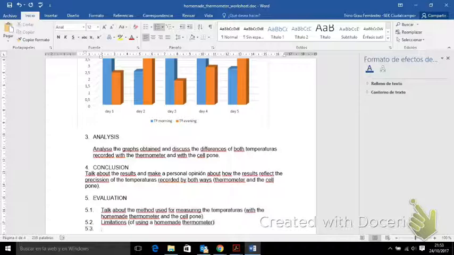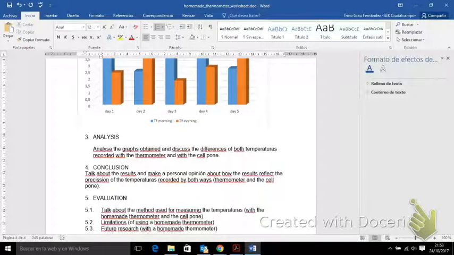And finally, you can include future research with a homemade thermometer. So here you can explain some experiments that you could do with this homemade thermometer. We are using the homemade thermometer for measuring the temperature in our house, but you could suggest more experiments.